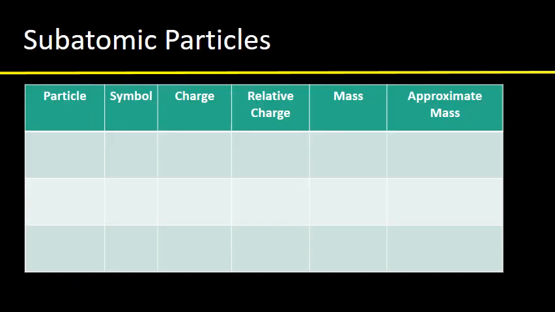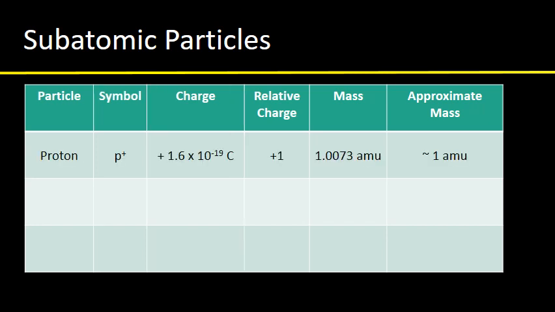Okay, so let's look a little more closely at each of these subatomic particles. First one is the proton, and we don't use these symbols very often, but we will in this particular chapter while we're focusing on subatomic particles. The symbol for the proton is P with a superscript plus. The charge on the proton is 1.6 times 10 to the negative 19 coulombs.